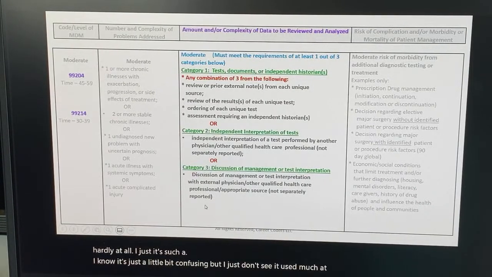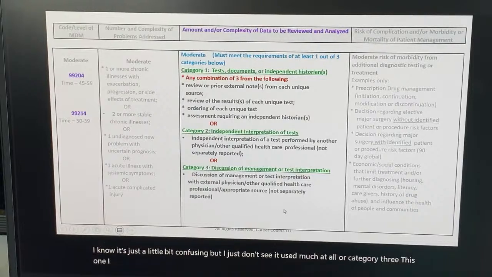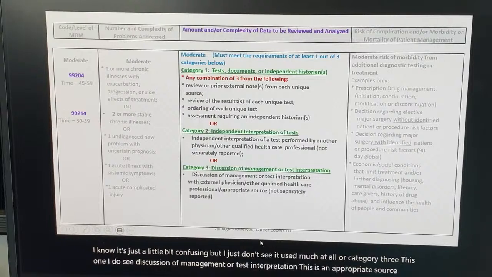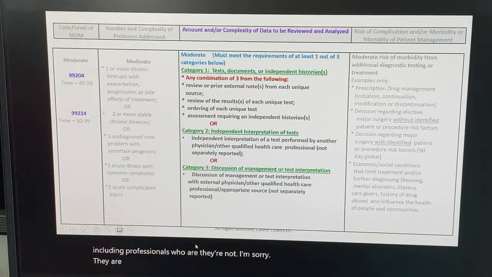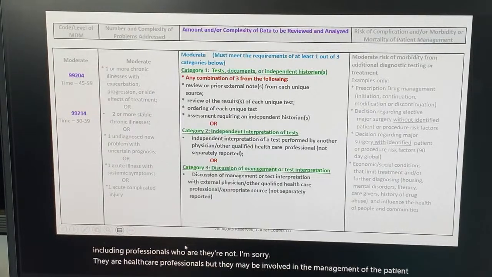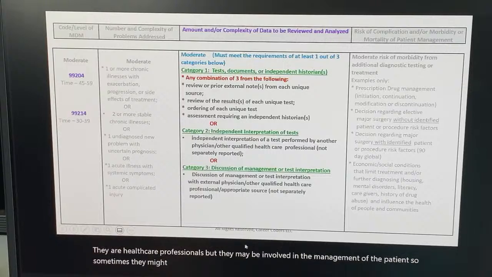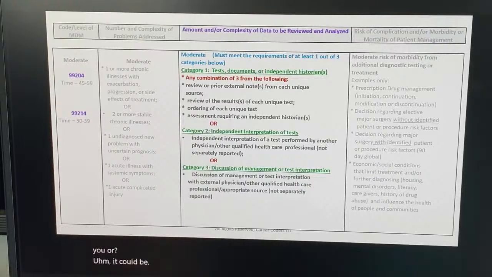Category 3, this one I do see: discussion of management or test interpretation. This is an appropriate source, including professionals who are healthcare professionals, but they may be involved in the management of the patient. Sometimes they're asking a physician about a test that was done.